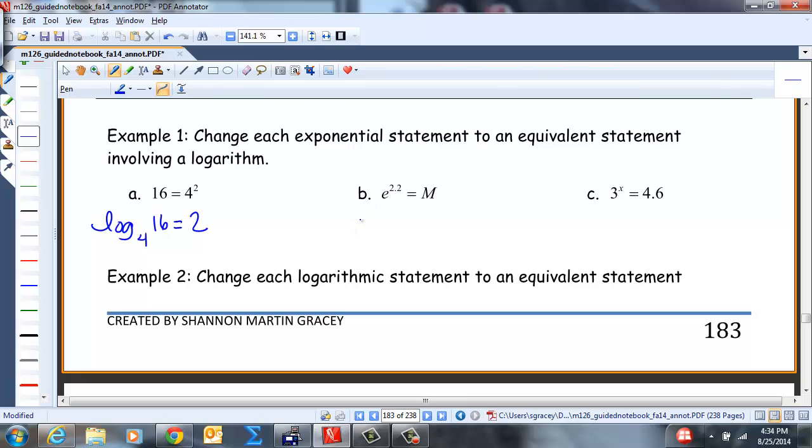Okay, so let's see how it went. Again, you have to write a log, right? The base is e. A logarithm is an exponent, so 2.2 is the exponent, and what's left? Perfect, M. And then what about this guy?